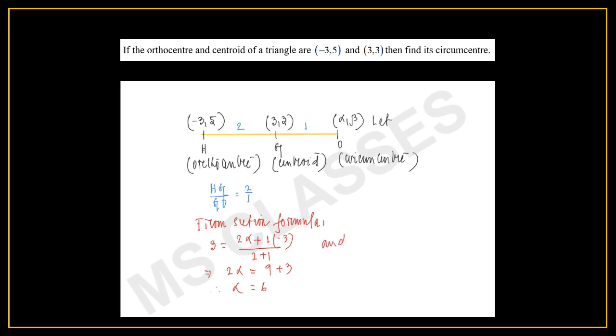And similarly, for the coordinate of G as 3, 2 into beta plus 1 into 5 by 2 plus 1. Now this gives us that 2 beta equals 9 minus 5, and therefore beta equals 2. And therefore the circumcenter is alpha, beta, which is 6, 2.